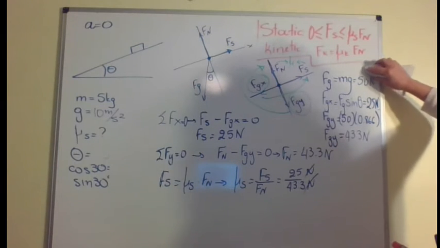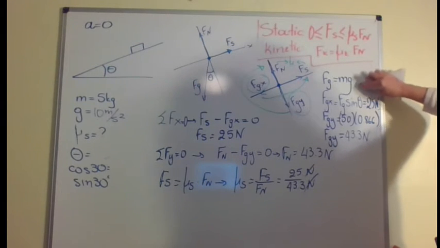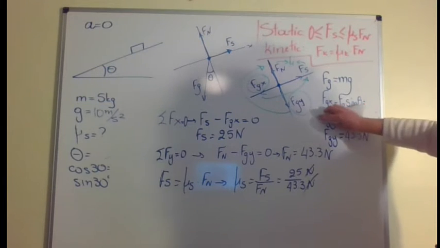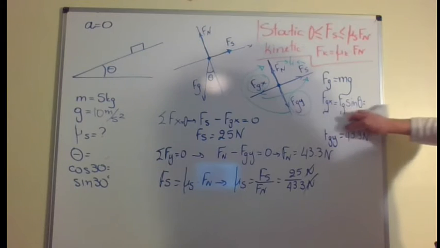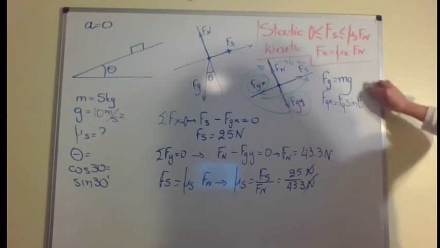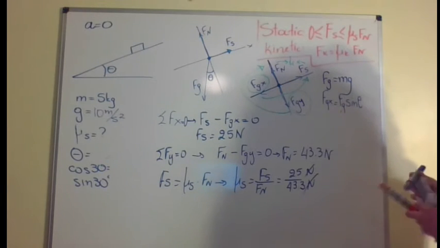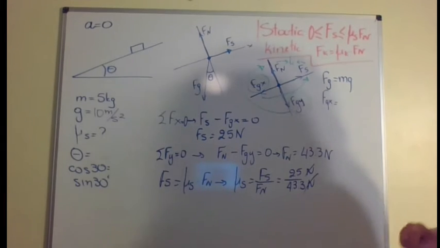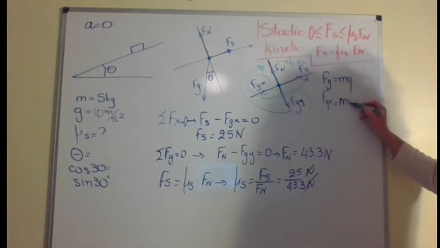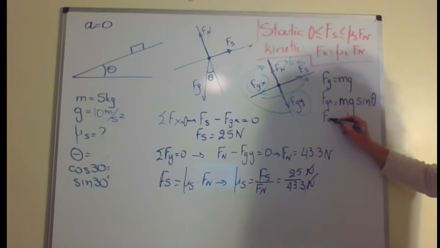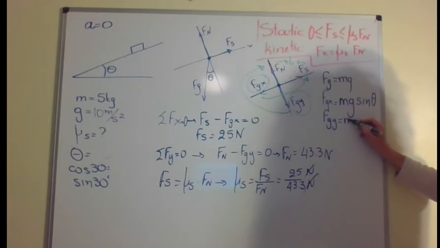So I don't care for the numbers. What I care for is the fact that the x component can be written as mg sine theta, while the y component will be mg cosine theta.